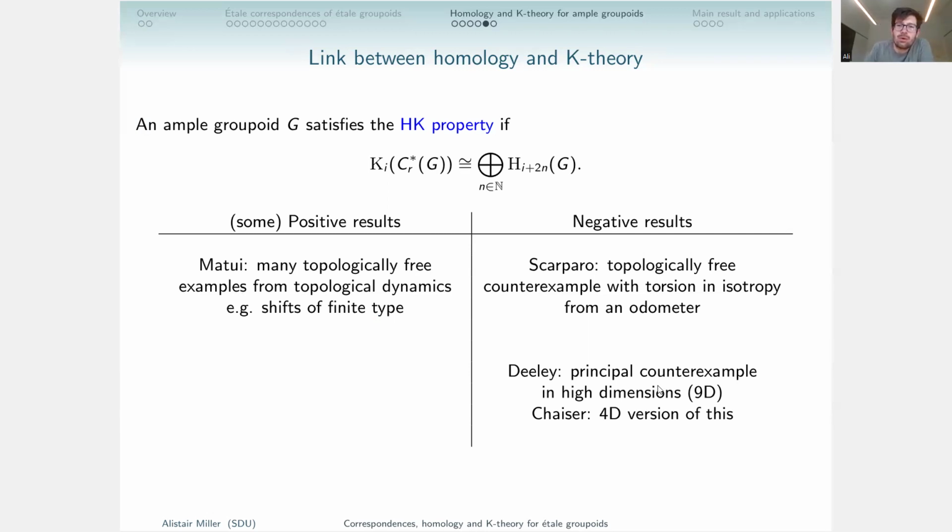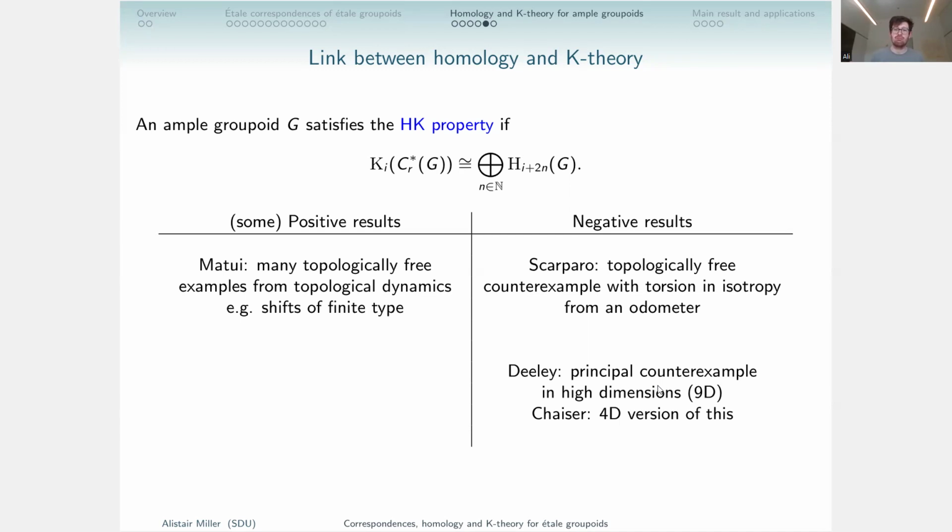So even if you assume the groupoids are principal, this is still too much to expect. It's basically too simple a relationship to expect between these groups. In high dimensions, this is going to break down. Robin Deeley has an example, transporting some ideas from more classical geometry into dynamics, in 9 dimensions, which works.